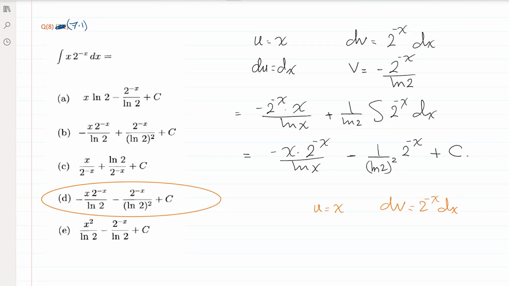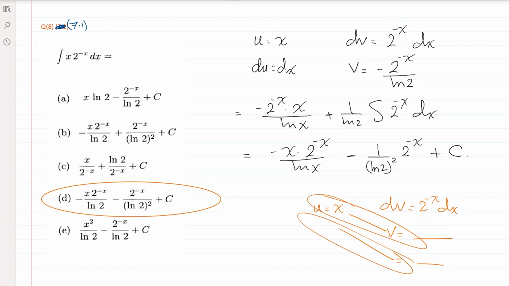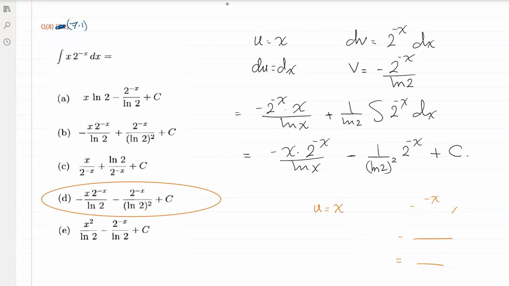Now you integrate it the first time to find v, integrate it another time, then the answer will be this one with this one, that one with that one, and this is what you will have. But usually the table will be much easier when we have integration by parts three or four times, like for example, when I have the integral of x to the power 4 sine x. This is integration by parts four times, right? So the table here will be much easier.